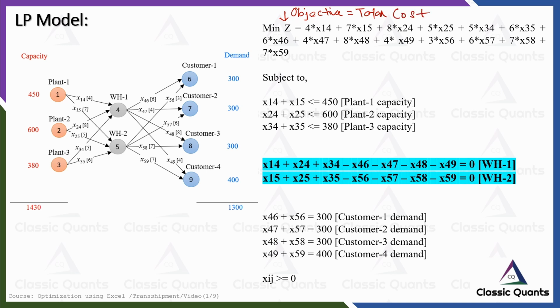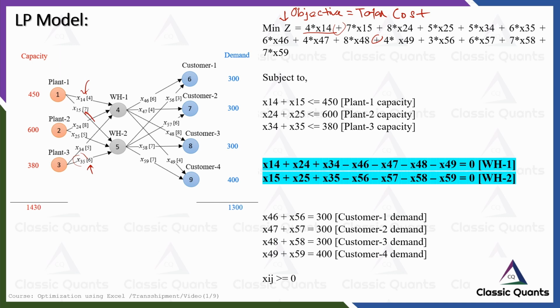And how it is calculated? You see, these are the figures that are there in the square brackets are the per unit cost. So if you multiply this per unit cost with your decision variables, that gives you the total cost of a particular edge, and then you sum it up to get the total cost. Exactly similar to the transportation problem.